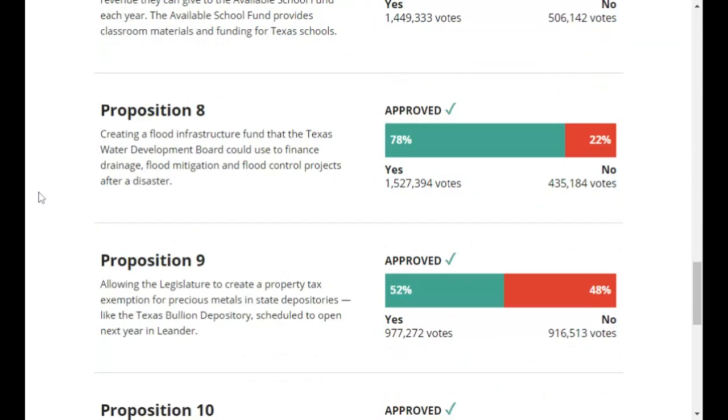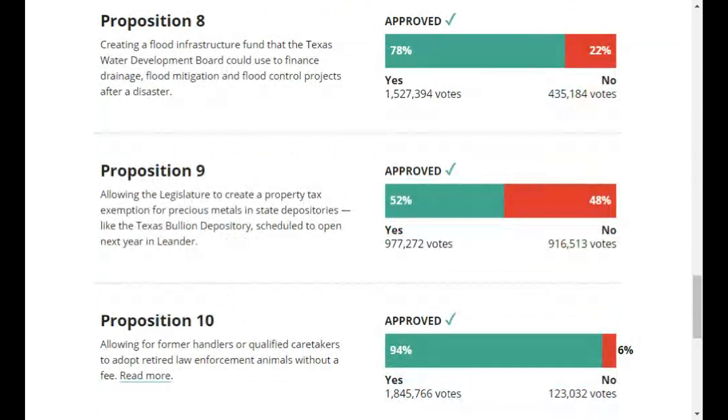And my personal favorite, and the one that was overwhelmingly passed, was Proposition 10. Basically, what used to happen is if an animal retired from law enforcement, like a bomb sniffing dog or something, they would either go to a new owner or unfortunately probably be put to sleep.